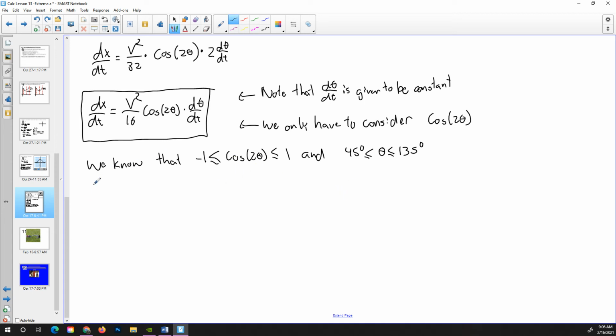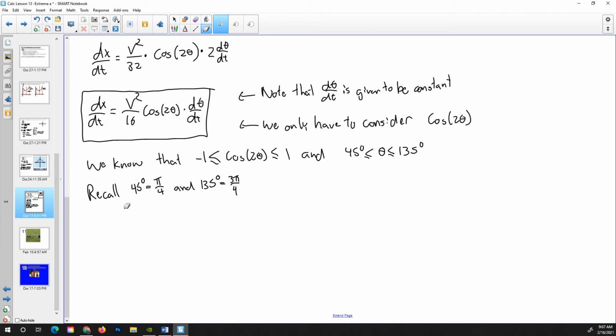Now, because this is calculus, we should change our angles to radians. So recall that 45 degrees is equal to pi over 4, and that 135 degrees is equal to 3 pi over 4.